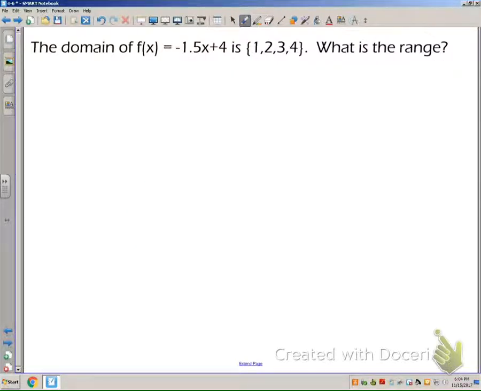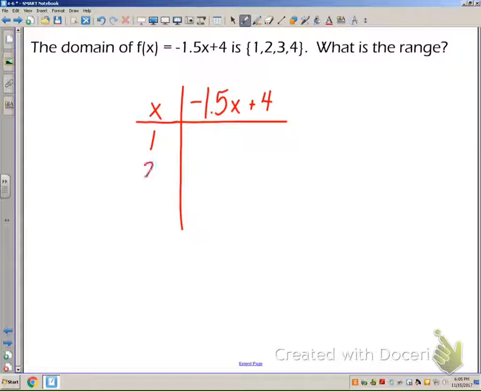Okay, the domain of the function f of x is equal to negative 1.5x plus 4. And it says your domain, which we know is the x values, is 1, 2, 3, and 4, and it wants you to find the range.